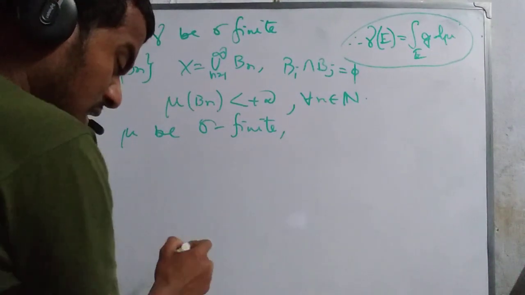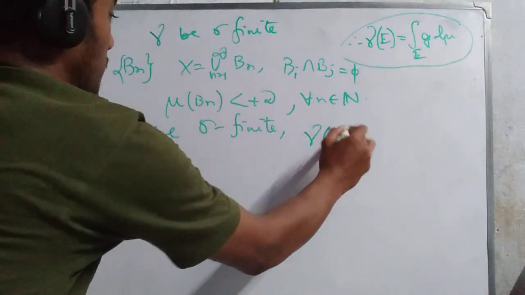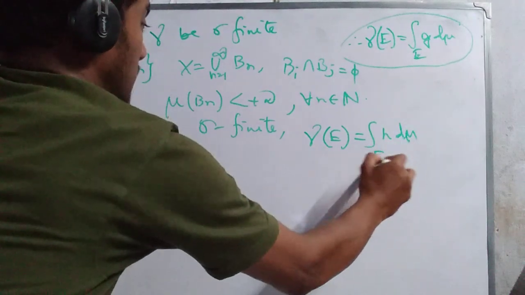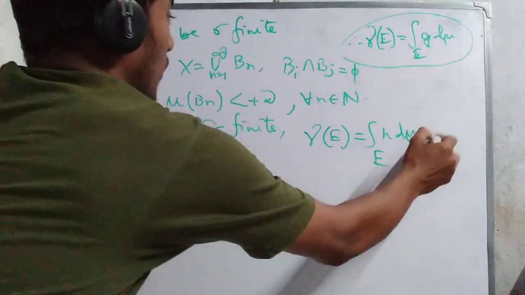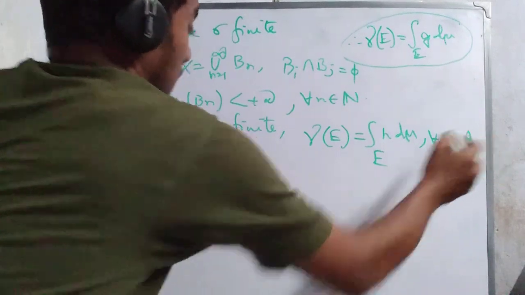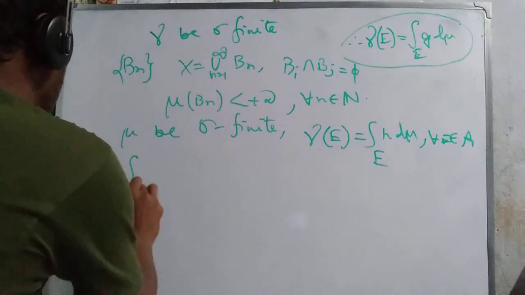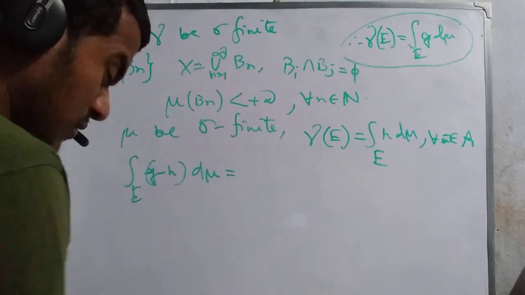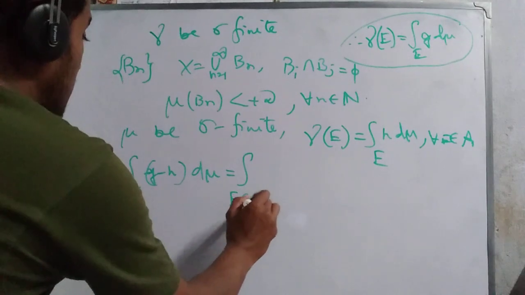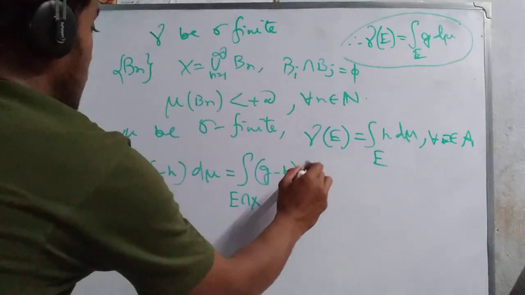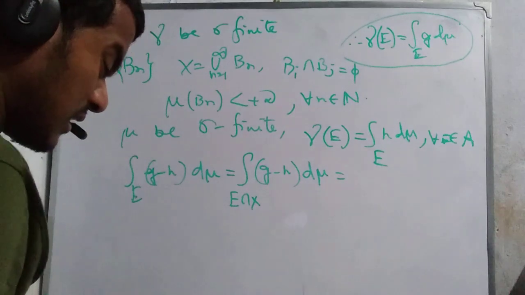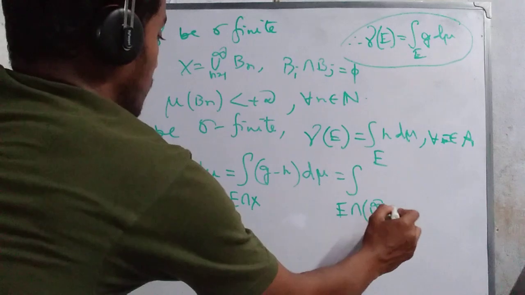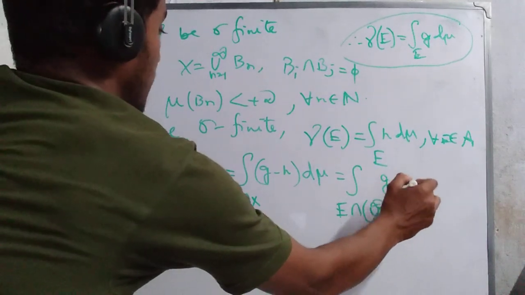Then gamma(E) equal to integration of h d mu over E for all E belongs to the algebra A, and integration of (g minus h) d mu equal to integration over E intersection x of (g minus h) d mu, equal to integration over E intersection union of n equal to 1 to infinity Bn of (g minus h) d mu.